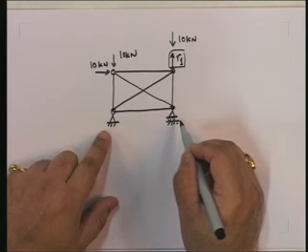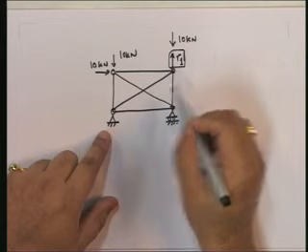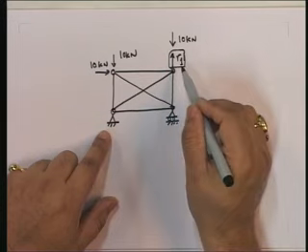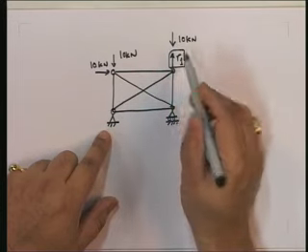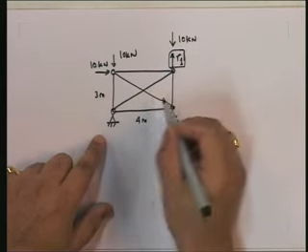Okay, so do you understand the problem? I want you to find out the deflection at this point in this statically indeterminate structure due to this loading, where this is 4 meters, 3 meters.